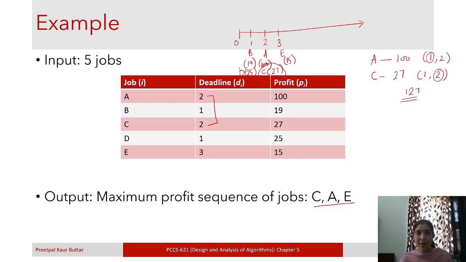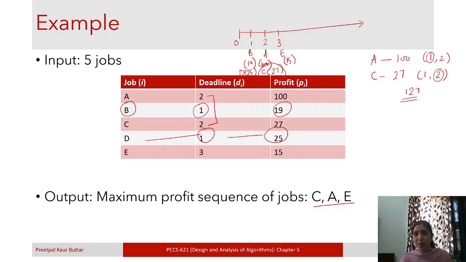And then can we schedule D? Here we have D, and D's deadline is 1 and the profit it is giving is 25. Now we have already filled slot 1 with job A, so we cannot schedule D, and moreover it is giving us a lesser profit, so there is no use of picking D. Similarly, if we look at job B, the profit it is giving us is 19 and its deadline is also 1.